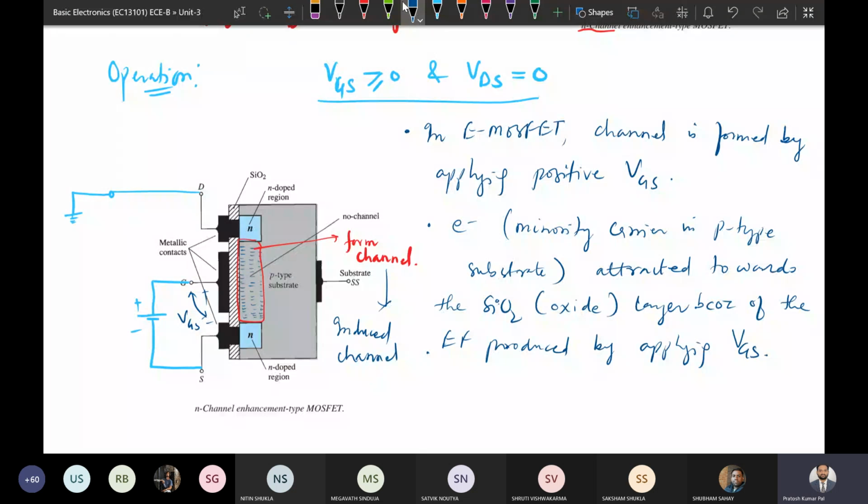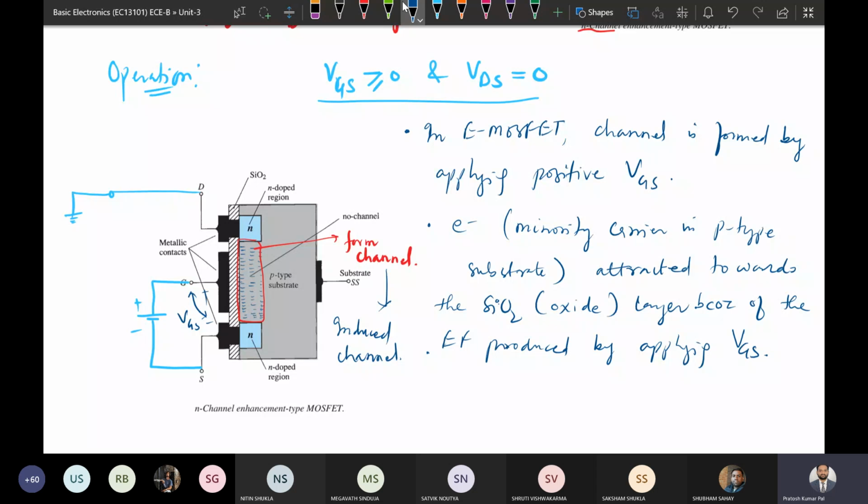Also at that time, as the drain terminal is connected to zero, or to ground, it does not have a positive voltage connected. So whatever electrons have been generated will be available here only. There will be no conduction of electrons from source to drain, or no electrons moving from source side to drain side, because the drain side is connected to zero.